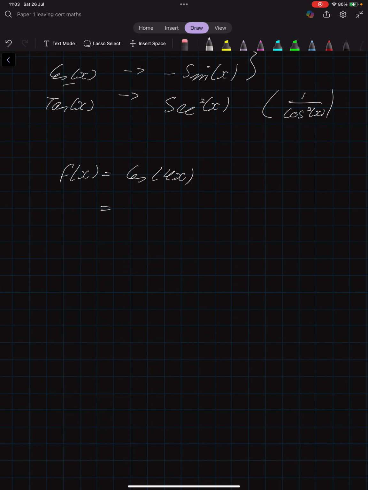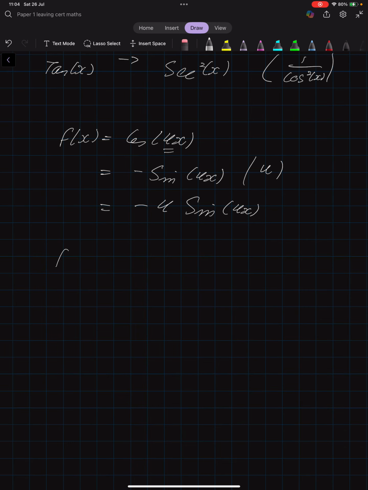So you just forget about the 4x for a minute and get minus sine of 4x. Now, you multiply by the thing you pretended was x. I pretended this thing in here was x, so I differentiate that and I get 4. So the answer is just minus 4 sine 4x. And you're done.